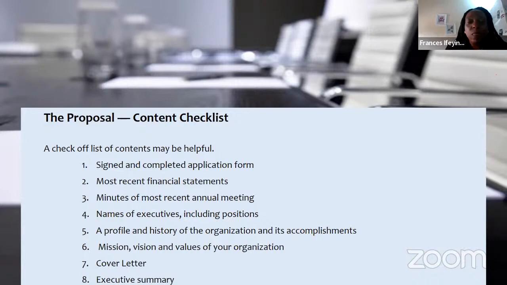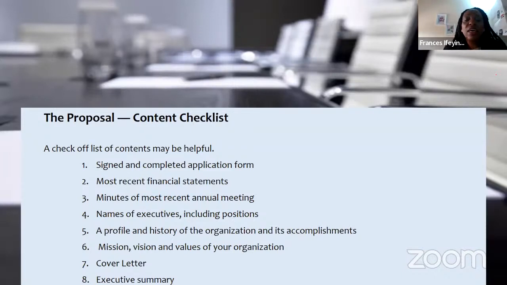Like I keep saying, the world is a global village now. Our social presence is key. So the names of the executives, their positions, and their short profile, a lot of times there'll be a background check, through your social media presence, your professional handles, and all of that.